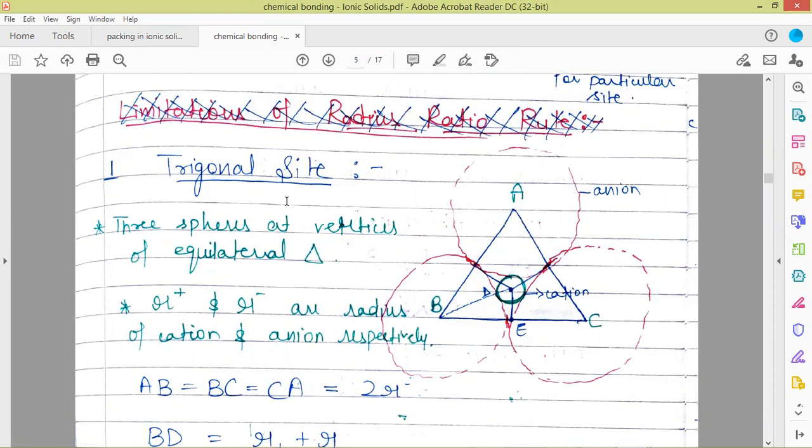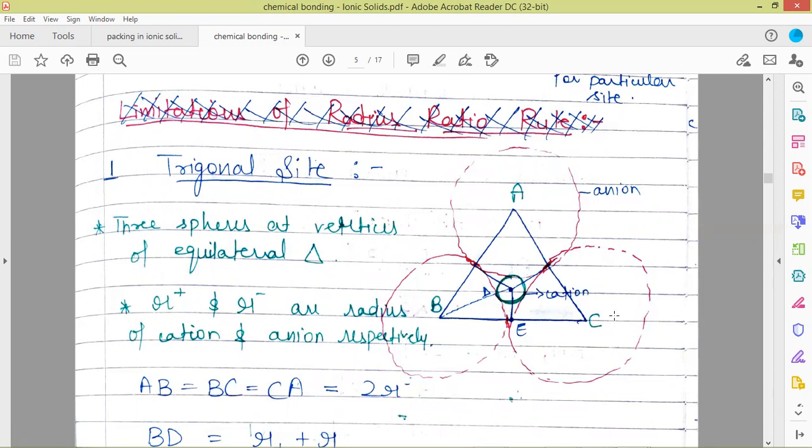First we are calculating the radius ratio for the trigonal site. For the radius ratio, we will have to reach the value of r positive divided by r negative, so we'll make an effort for that.